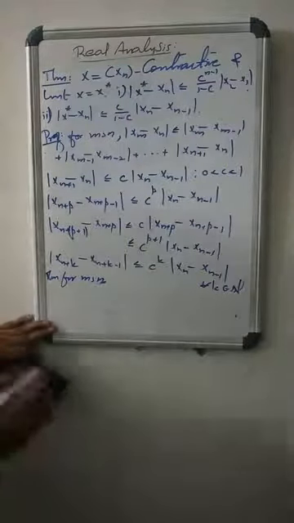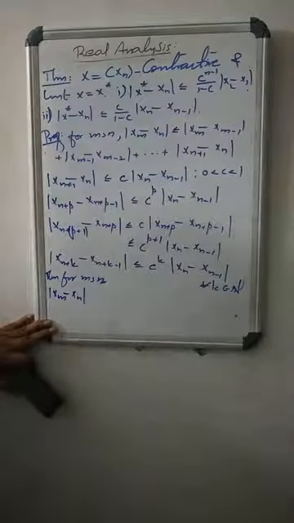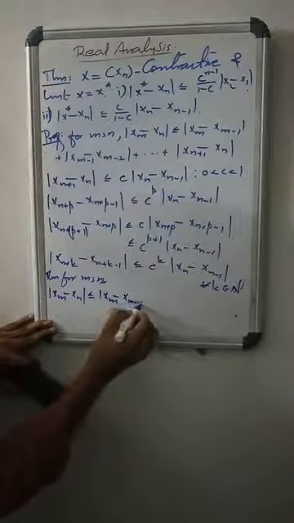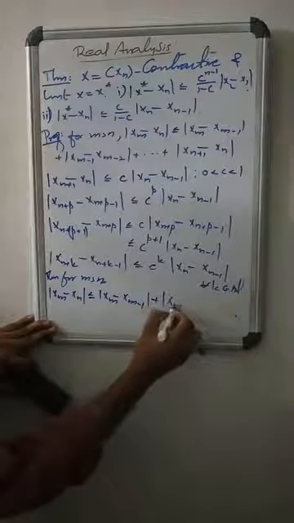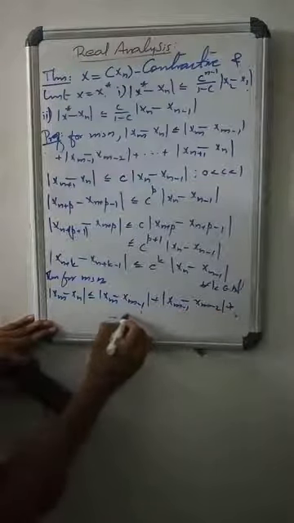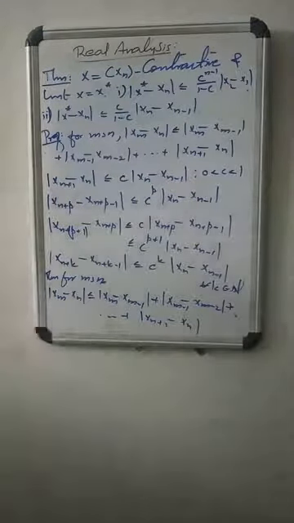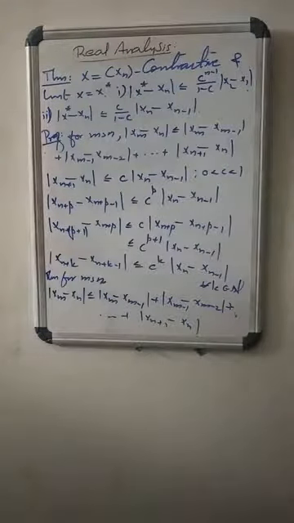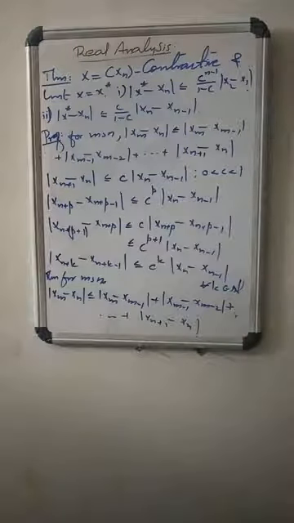Modulus of x_m minus x_n is less than or equal to modulus of x_m minus x_{m-1} plus modulus of x_{m-1} minus x_{m-2} plus etc. plus modulus of x_{n+1} minus x_n. Agreed? So you can apply this result. But x_{n+k} minus x_{n+k-1} is less than or equal to c^k into mod x_n minus x_{n-1}. What do you get?